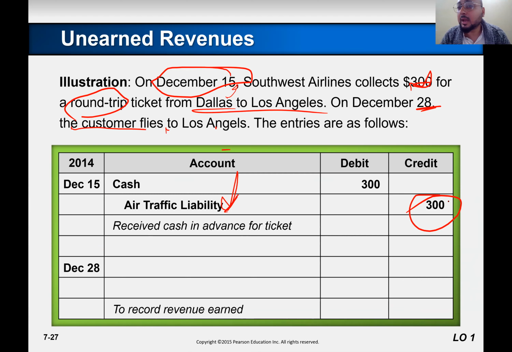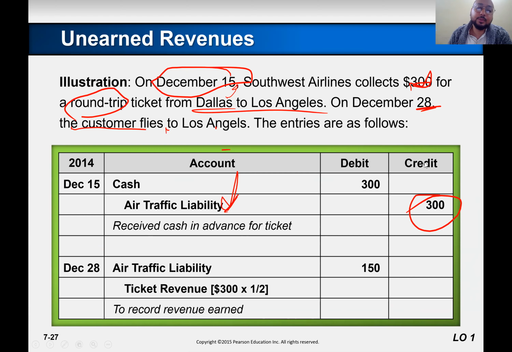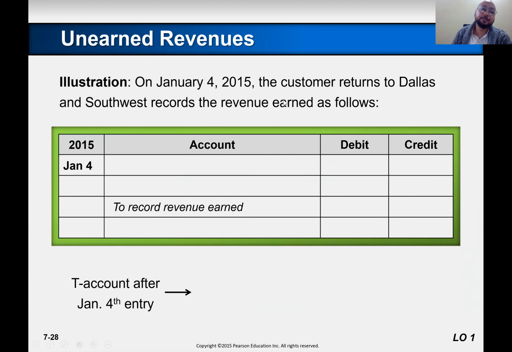You decrease the liability by 150 with a debit and increase sales with a credit. So air traffic liability or unearned revenue to sales, 150. This is how you record.